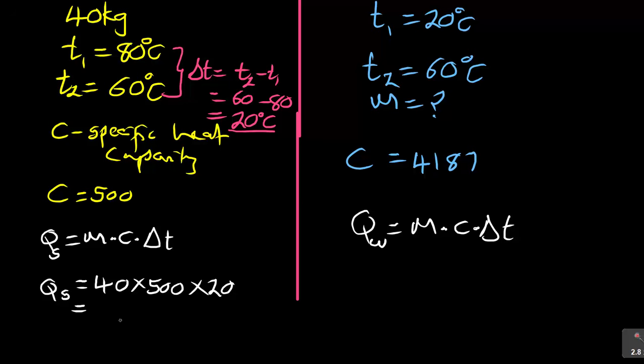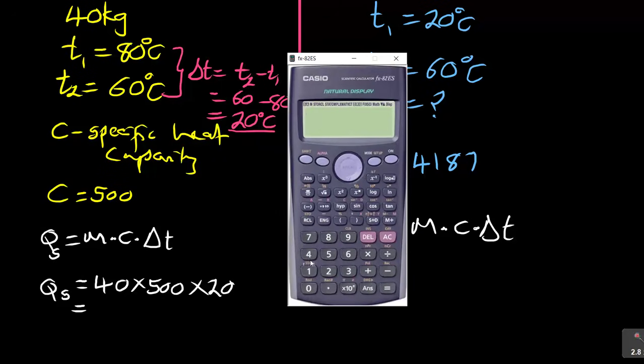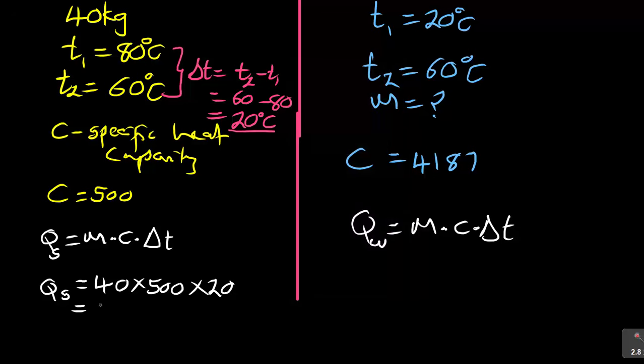If I multiply 40 times 500 times 20, it's going to give me 400,000. So I've got 400,000 here. What about on this other side, the Q of water? I do the same thing.